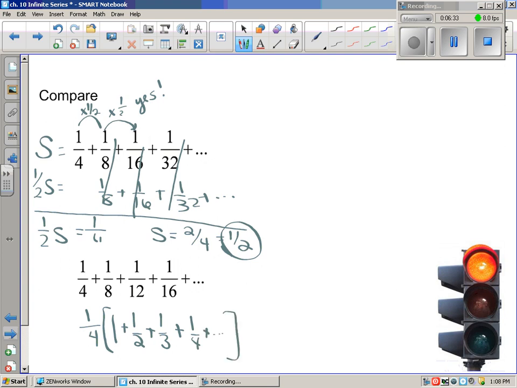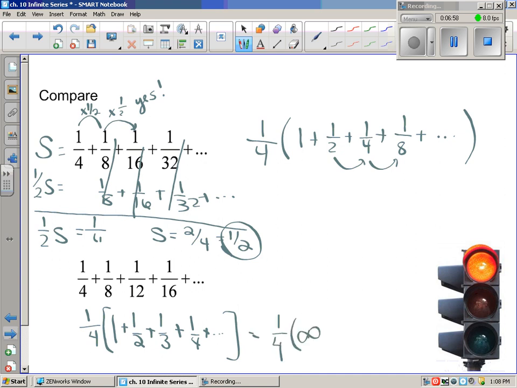Just to once again prove it to you, if I pull the 1/4 out of this one, I again would have 1, I'd have 1/2, and then I would have 1/4, and then I would have 1/8, and we could keep going. Again, you notice the multiple that's going on here. See the 2, 3, 4, you can recognize the harmonic series. So once again, this would be 1/4 times infinity, which tells me that it's in fact infinity.